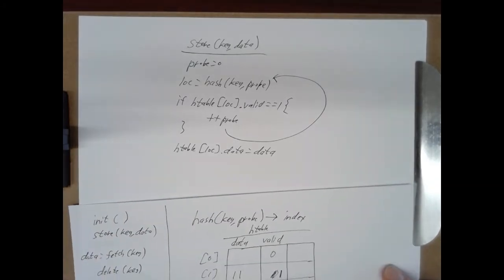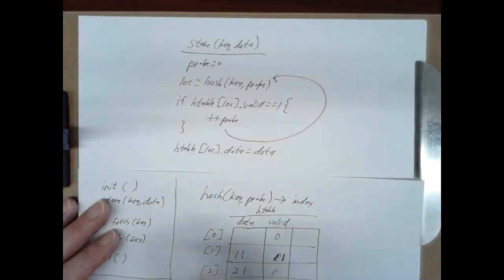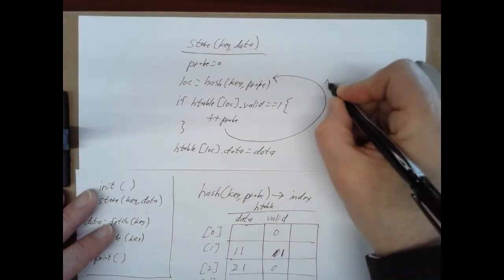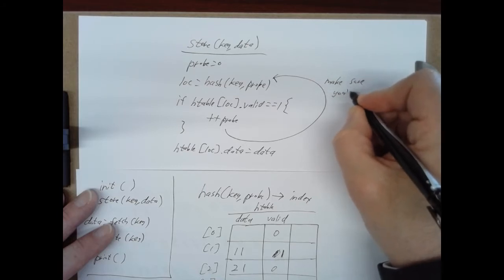So that's a find store algorithm. And this is basically looking for a location, but we've got to be careful here, because make sure you're not stuck in an infinite loop.